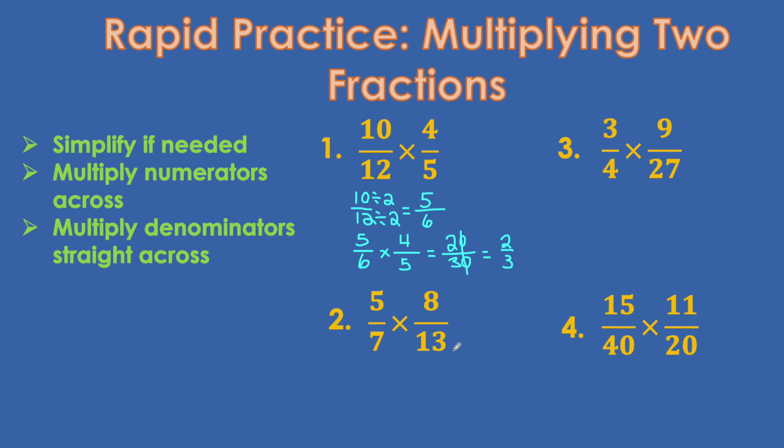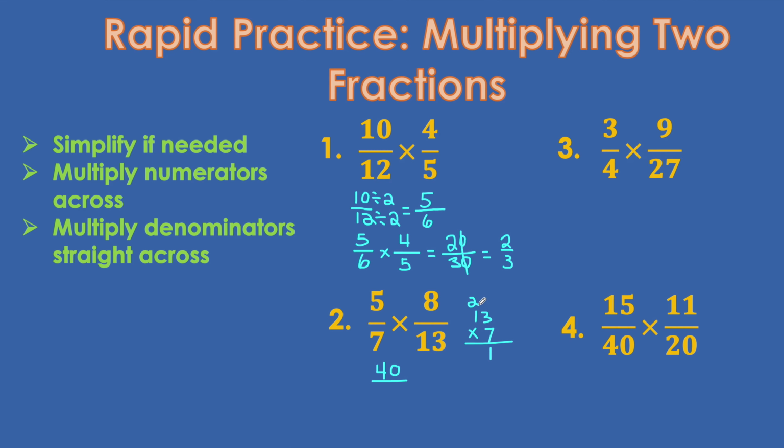Moving on to number 2, we have 5/7 times 8/13. First, check to see if you can simplify any of these fractions. We can't, so we're just going to multiply numerators across. 5 times 8 is 40. 7 times 13. 13 times 7. 3 times 7 is 21.